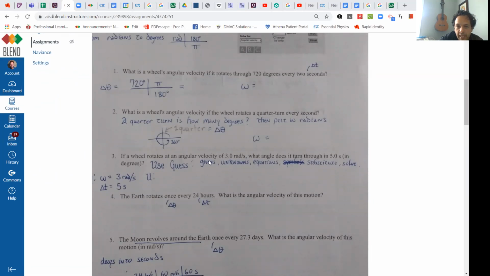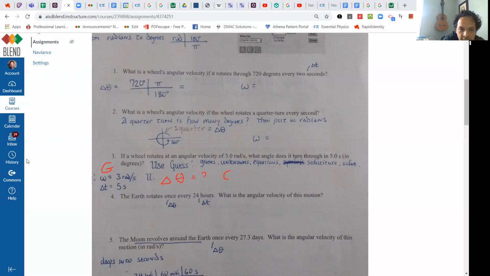If a wheel rotates at an angular velocity, oh, here they gave you, see, I started to GUESS. This is actually supposed to be G, I kind of took a bad picture. So G, what's the unknown? If a wheel rotates at an angular velocity of 3 radians per second, what angle? Oh, they want to know what the angle is.